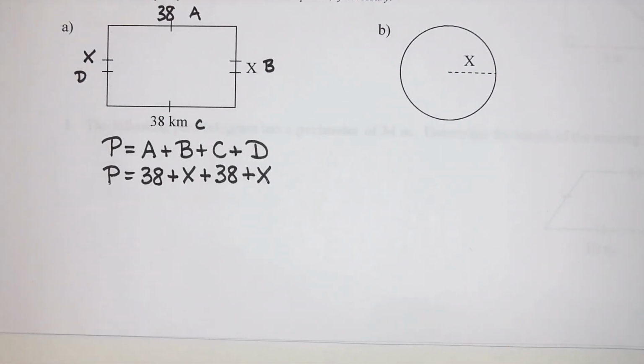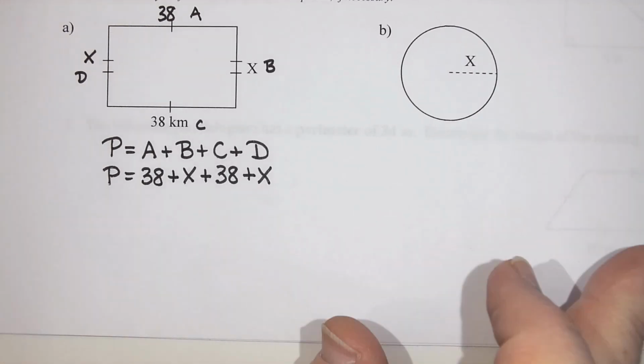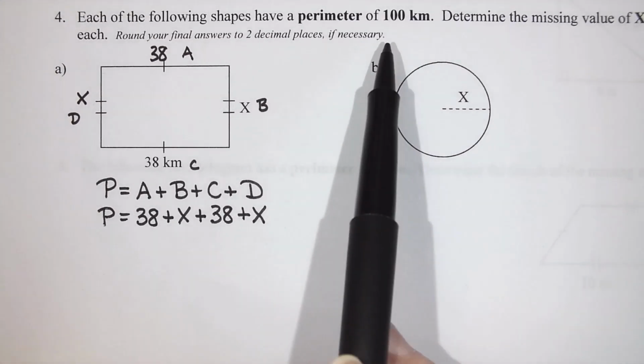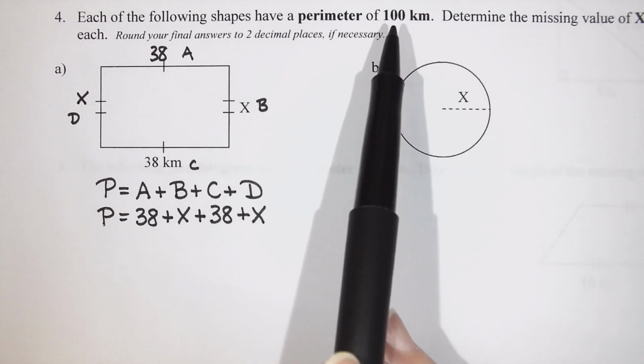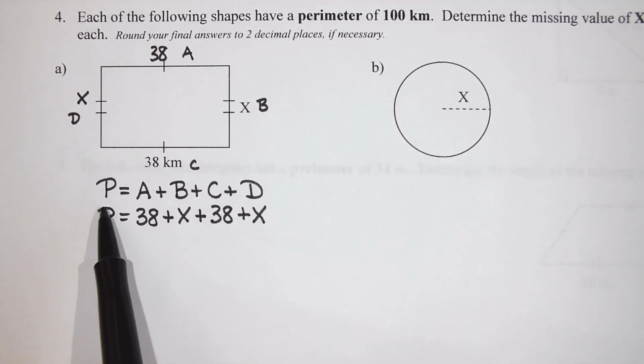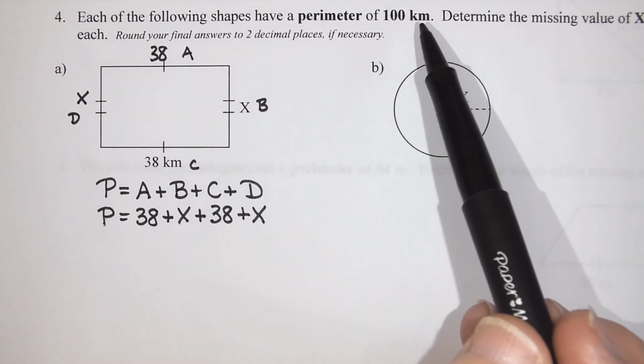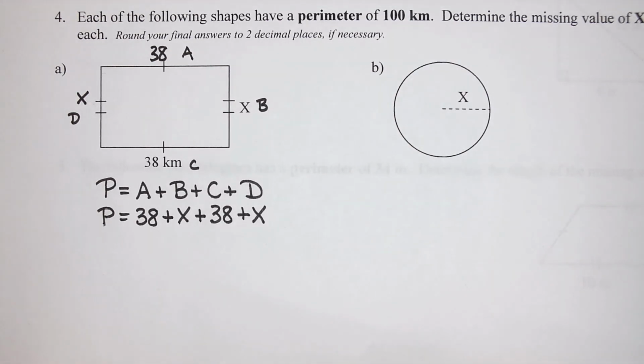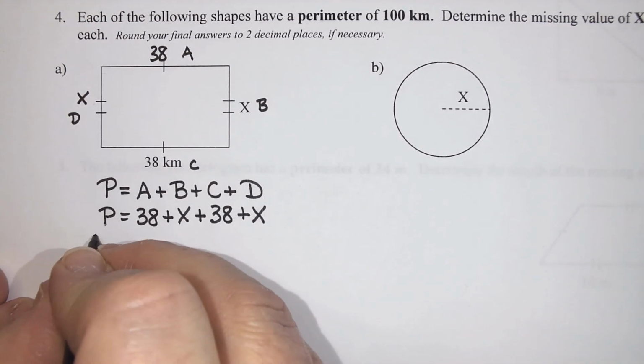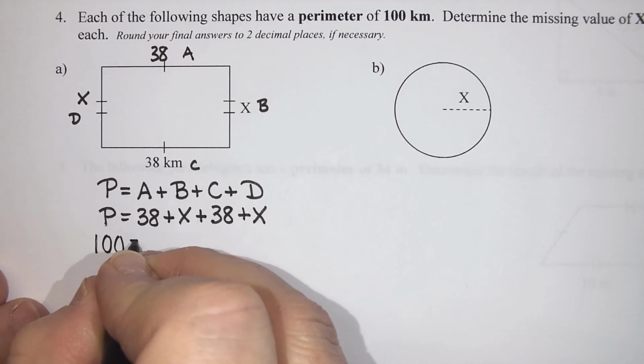Okay, I also know one other piece of information. I know from the question that the perimeter is 100 kilometers. So I could have taken out the P and put in 100 kilometers. I think I might do that on the next step. Okay, so here the P is actually 100.